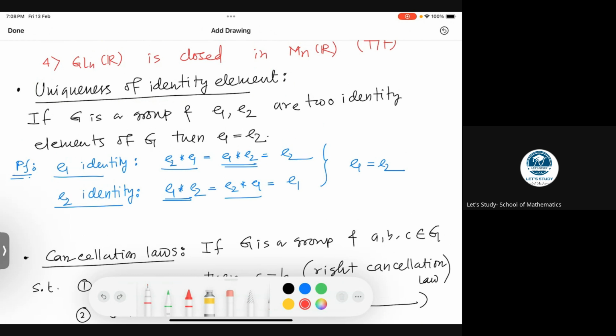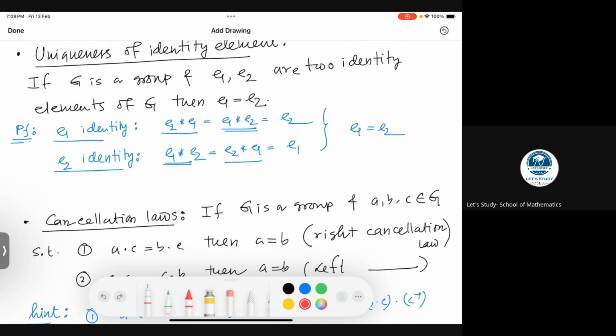It means if E1 and E2, if there exist two identity elements, then they are actually equal. Okay. So what is the proof? First take E1 as the identity of the group.